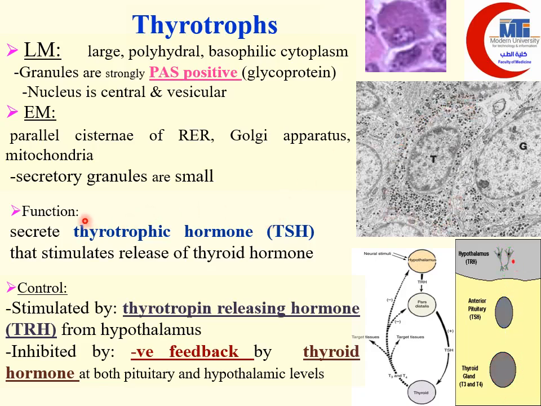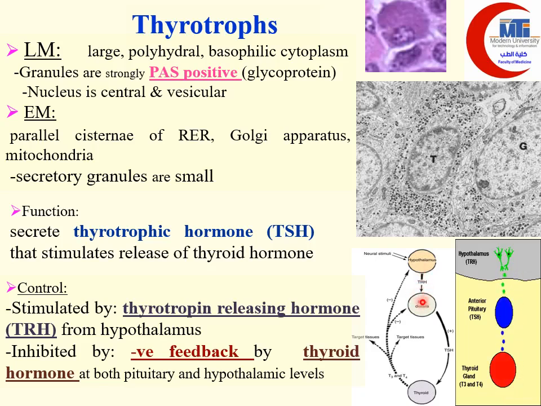The function of these cells is the secretion of thyrotrophic hormone, which is called TSH, thyroid stimulating hormone, that stimulates the thyroid gland to secrete thyroid hormone. We mentioned before that the pituitary gland lies under the control of the hypothalamus. So the hypothalamus secretes thyrotropin releasing hormone, TRH.